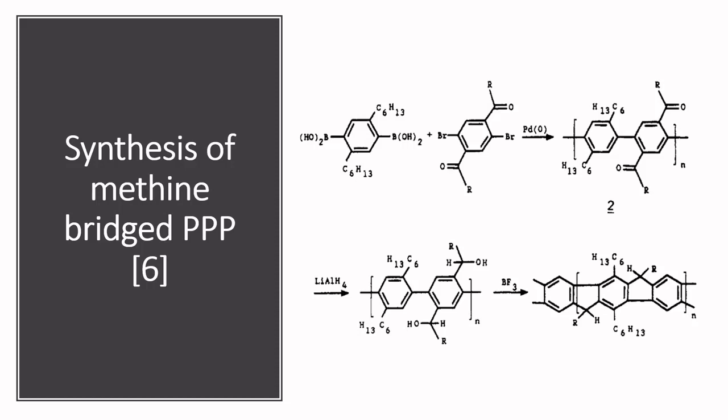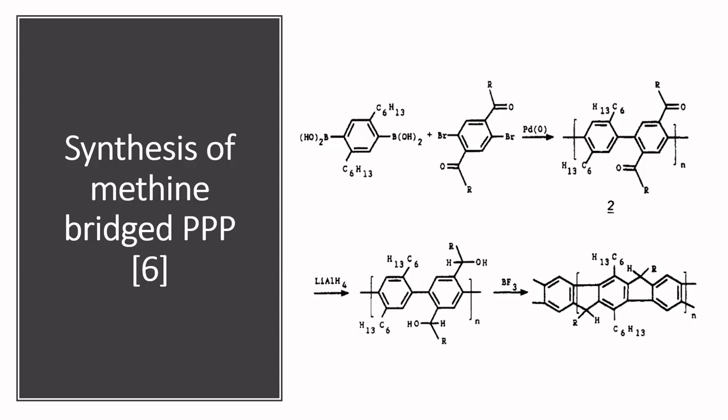This is achieved by putting bromine substituent groups on the bridging rings and boric acid groups on the substituted rings. These are only allowed to react with each other and not with themselves. And as you can see, this forms the alternating copolymer 2.